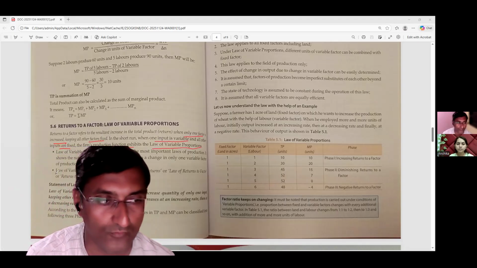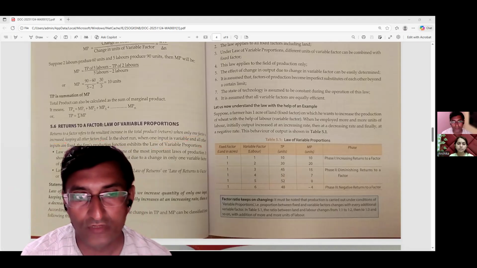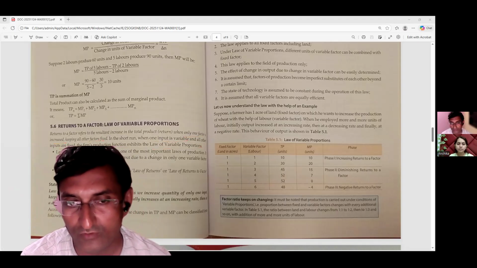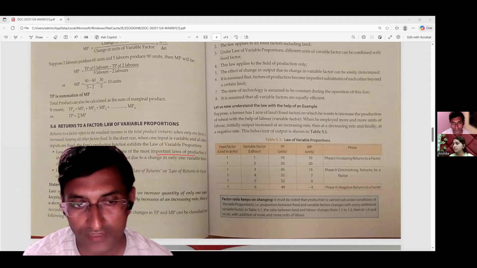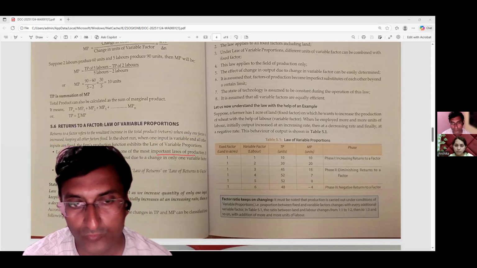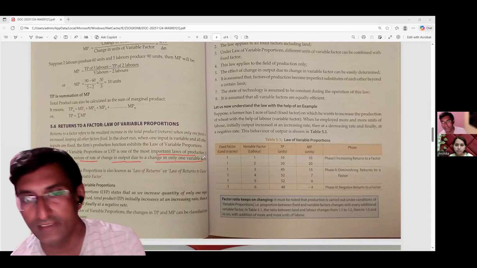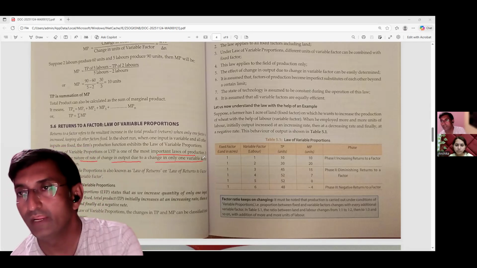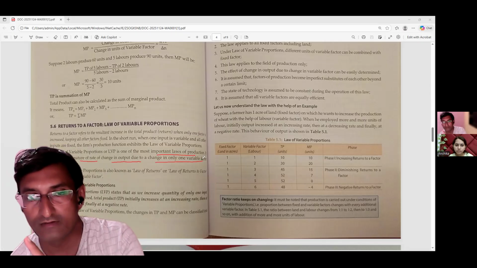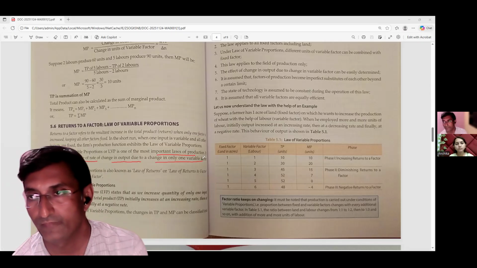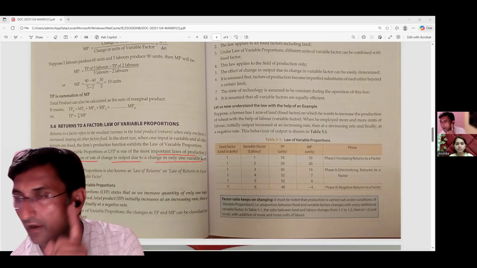Let's see how. Law of variable proportions, or LVP, is one of the most important laws. It shows the nature of the rate of change in output due to change in only one variable factor. Due to any change in only one variable factor, the output will also change.